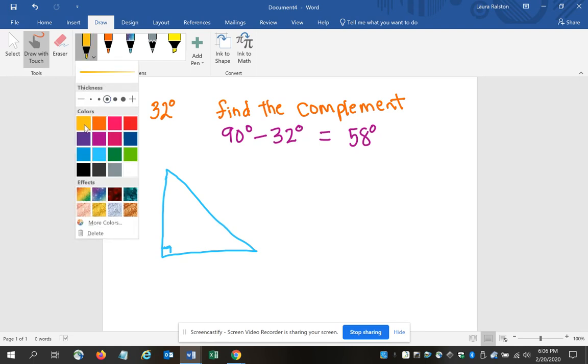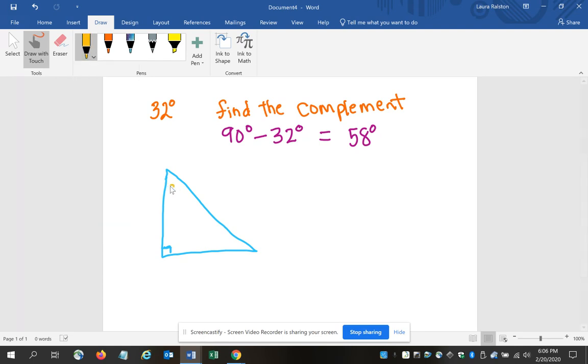What we know is that angle A and angle B are complementary. So if I know, for example, that angle A is 27 degrees, I can determine angle B by subtracting 27 degrees from 90 degrees, and so that angle is going to be 63 degrees.